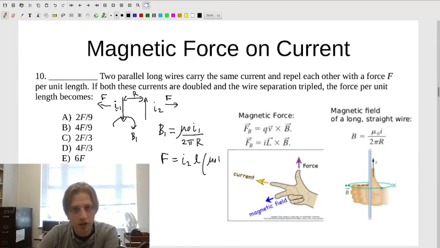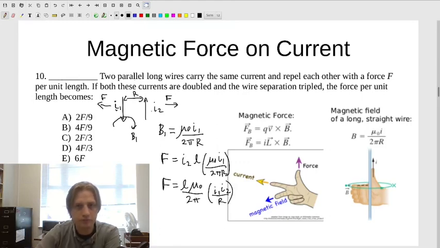So this would be mu naught times I1 over 2 pi r. So the force acting on it is going to be the length times mu naught over 2 pi times I1 times I2 over r.